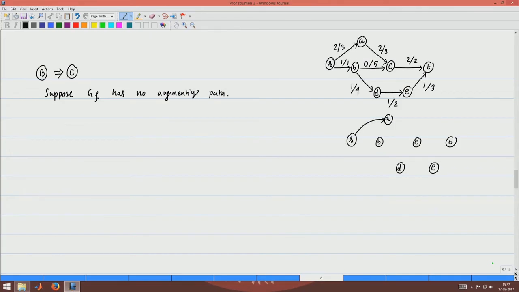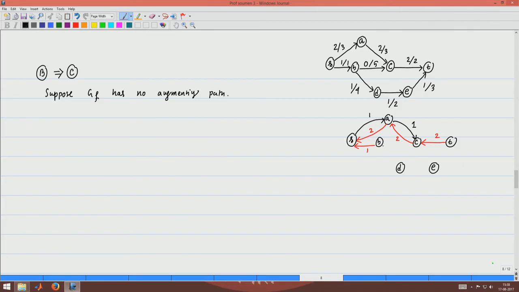I use red color for the backward edges. The forward edge of capacity 1 and backward edge of capacity 2, only a backward edge of capacity 2, and here also only a backward edge of capacity 1.